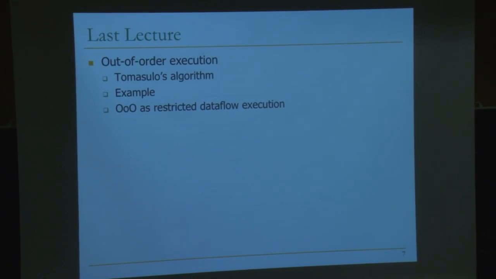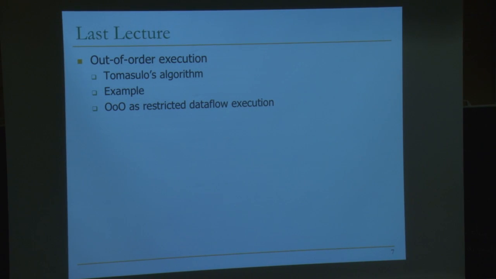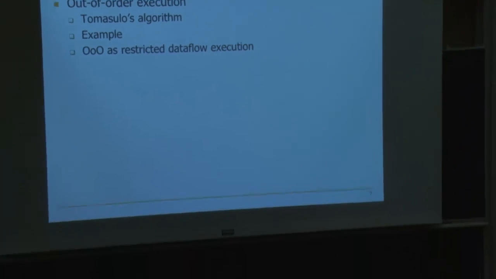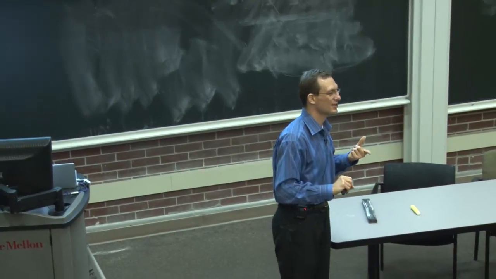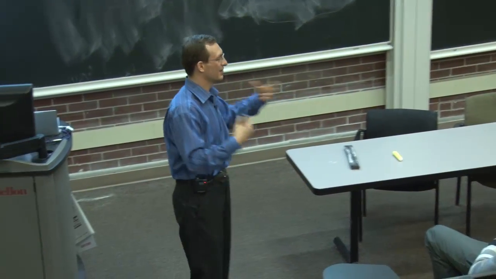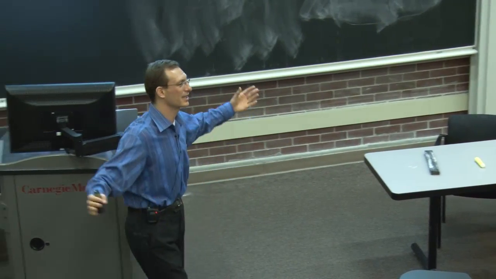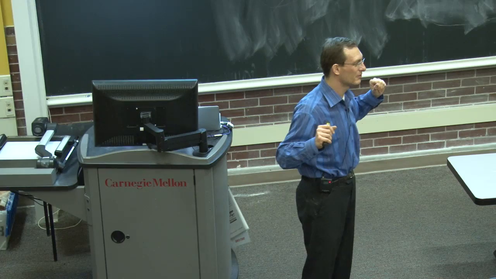And it's restricted in two ways, right? The first way is obvious. We're obviously not using a data flow ISA, right? The ISA is sequential, von Neumann model. Underneath, we're doing out-of-order execution. So it's restricted to the microarchitecture level. The second reason it's restricted is because it's looking at a window, right? And that window is really the instruction window.